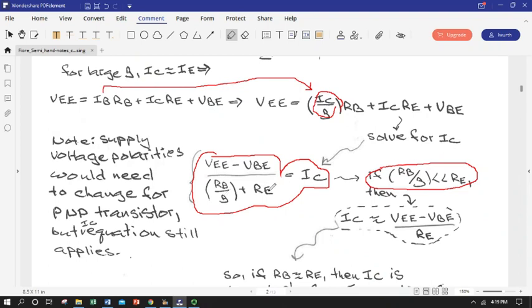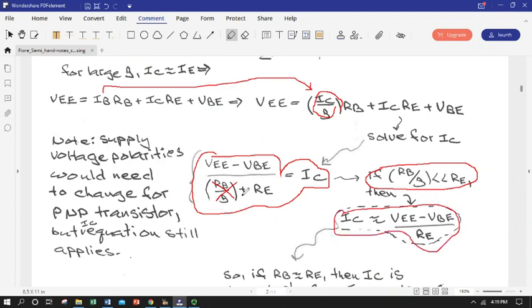Not very much. So generally speaking, if the base resistor and emitter resistor are of similar magnitude, if the base resistor isn't like two orders of magnitude more than the emitter, then this term kind of goes away, and we end up with a beta-free expression.